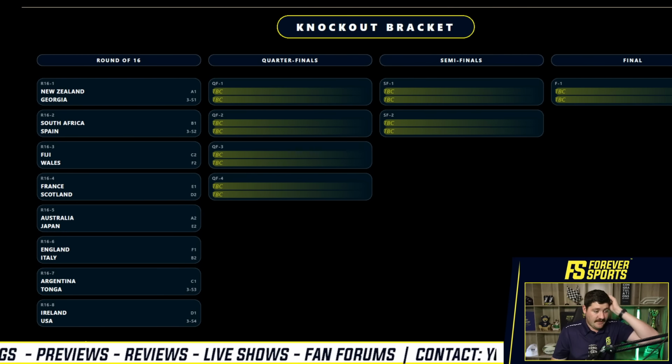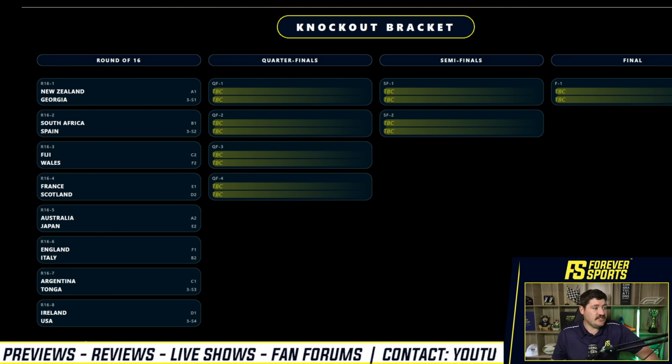But yeah, if you look at the brackets over there, this is what we have in the knockouts, for South Africa, also the round of 16 rather. So we start with the round of 16, and it looks something like this.